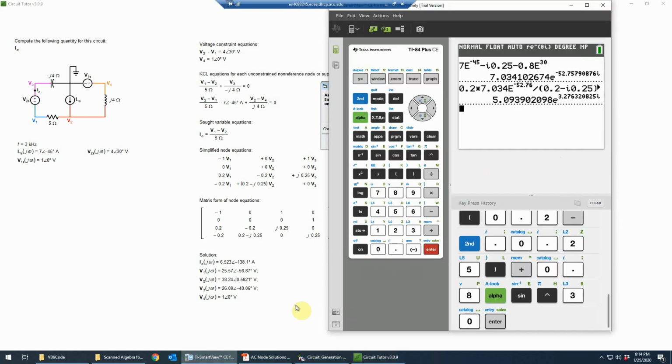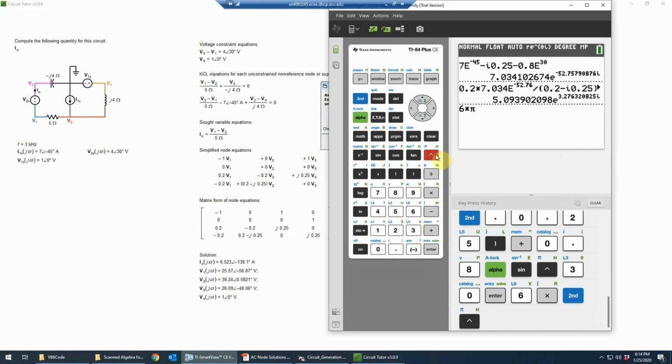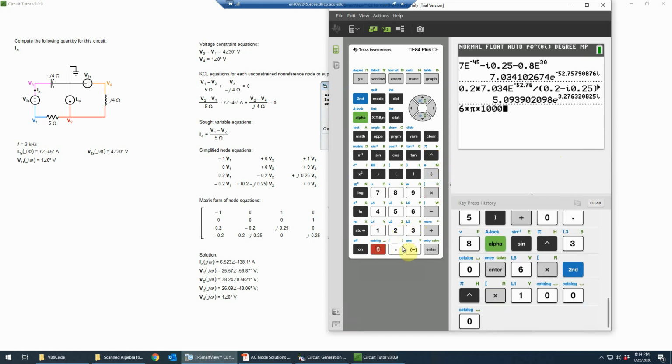So 6 times pi. I mean, we could do it approximately, probably in our heads, but let's just do it accurately. So the 6 pi, and it's kilohertz, so I'm going to go times 1,000. So that will be 18,850. Will be close enough there.